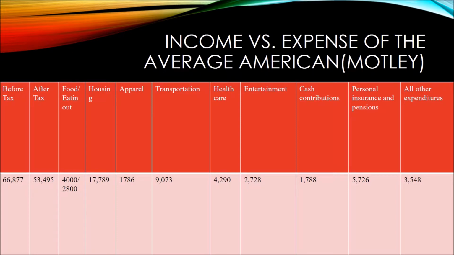So now on to a little bit more obvious areas: apparel, entertainment, cash contributions, and also all other expenses. These are areas where we could enormously spend less by just limiting our accounts to certain numbers that best suit our budget.